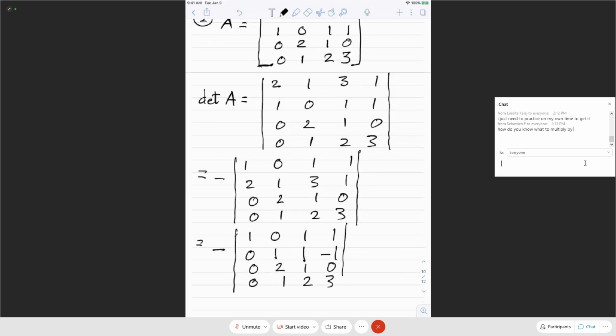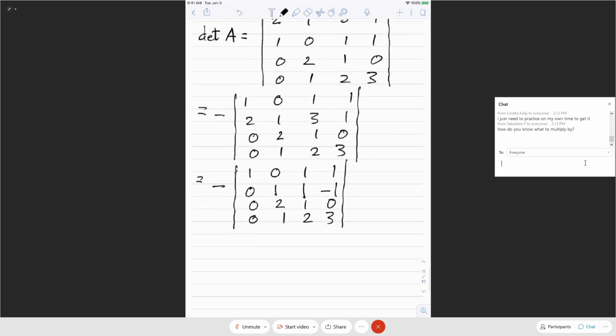That's it, you're done. Because I will now expand along the first column and then I have -1 times this determinant.